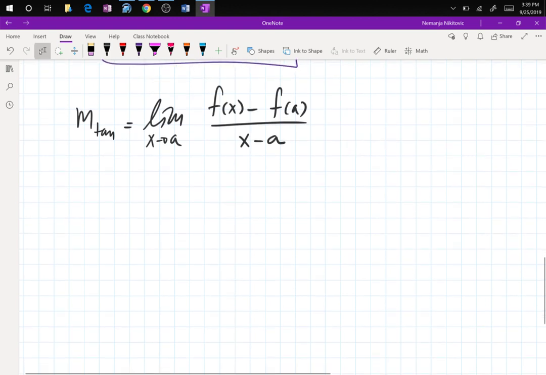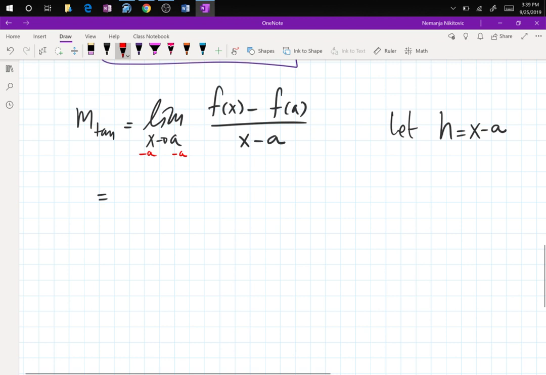Well, let's see. First, we'll say, let h be x minus a. So we're going to define a new variable h, and that variable h is going to be x minus a. So now we are going to subtract a on both sides here in the limit. You can see that on the left side I'm going to get x minus a.